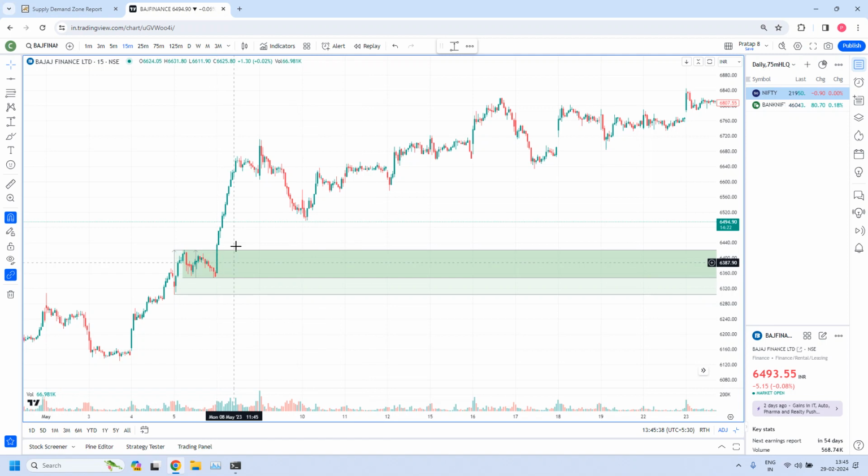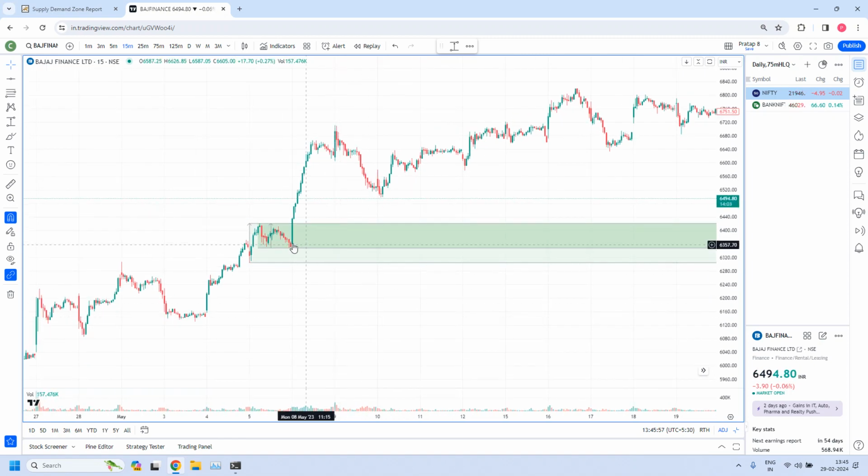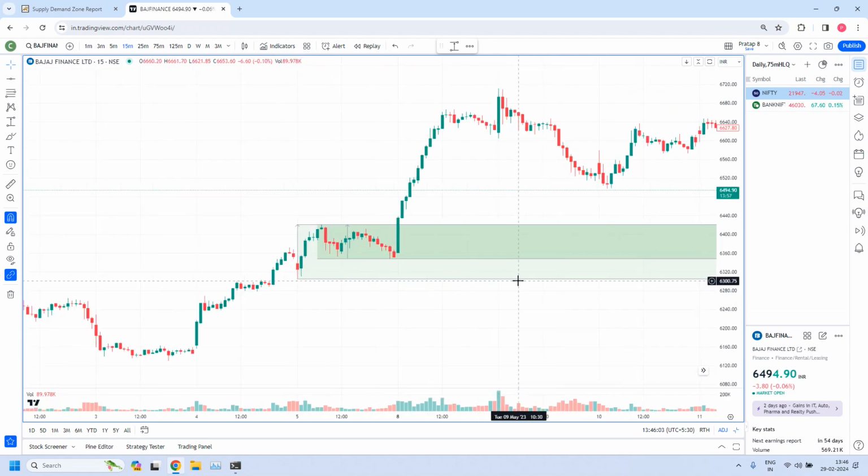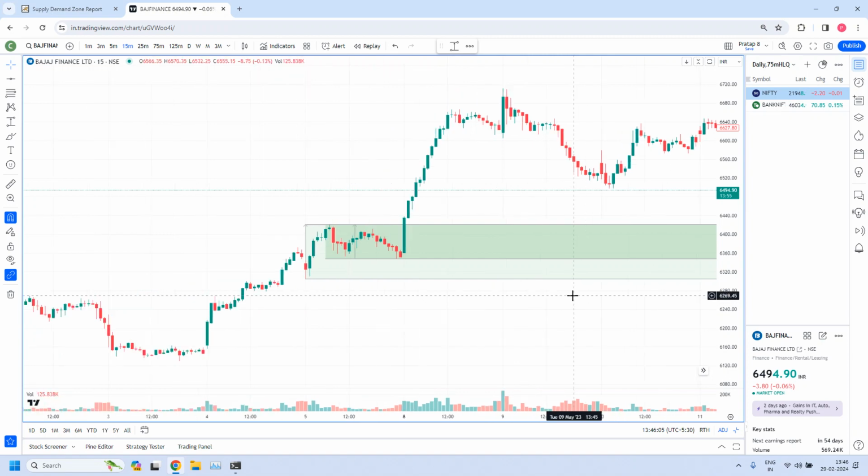I will look into 5 minutes if there is any price action near this zone earlier, and if there is a strong rejection from there, maybe I can look for an aggressive trade and go to the 5 minute zone by bypassing the 15 minute zone. But we didn't have any price action very close to this zone.